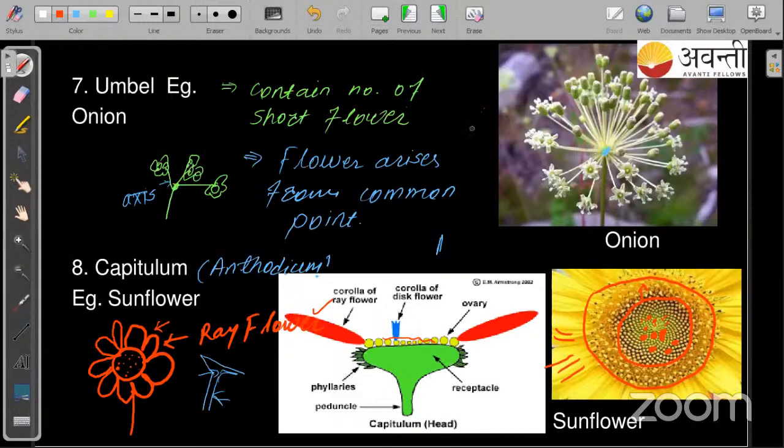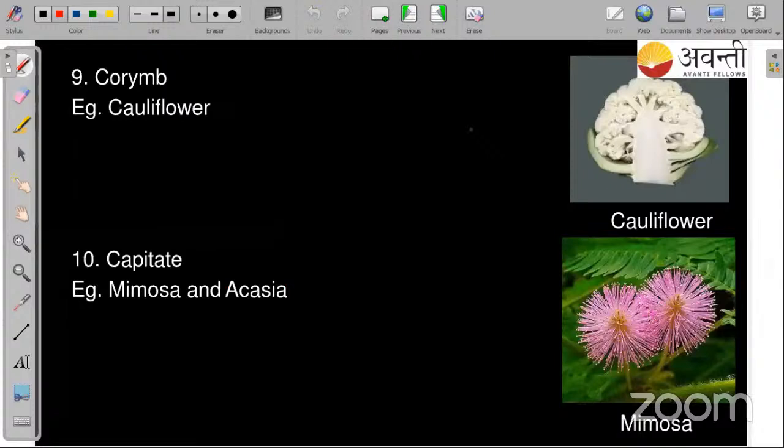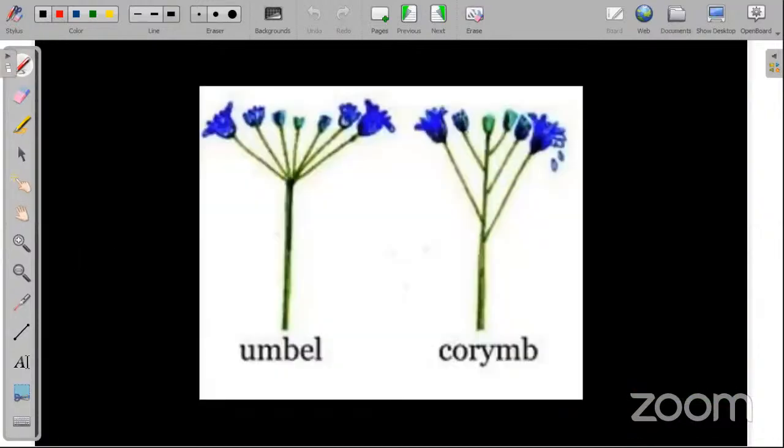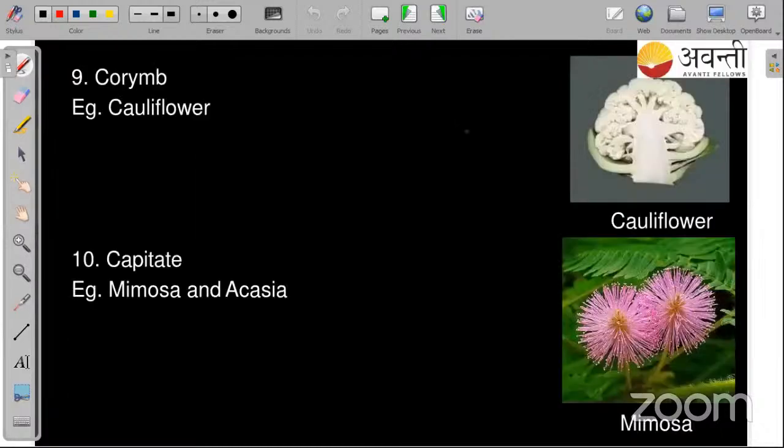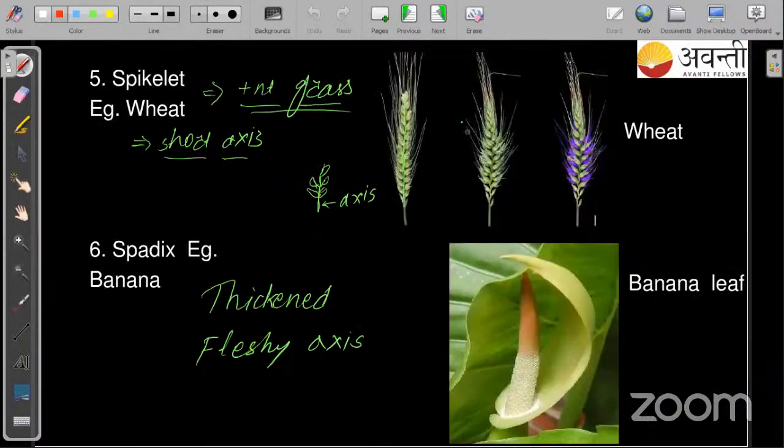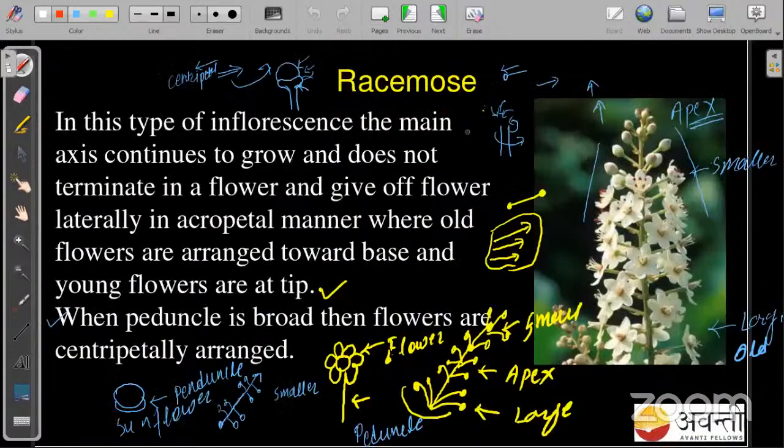We are coming to the next. Next is the corymb. Then what is meant by corymb? Before we go to corymb and capitate, we will discuss all these things again, and after that we start with corymb. First we discuss racemose. What is meant by racemose?